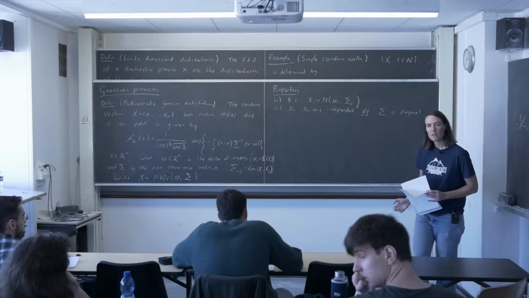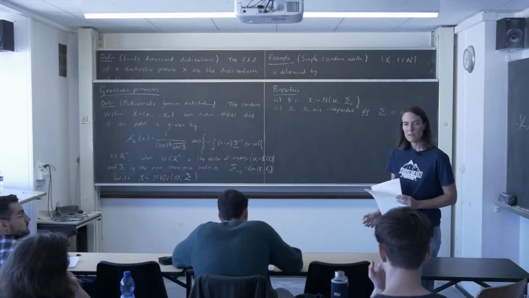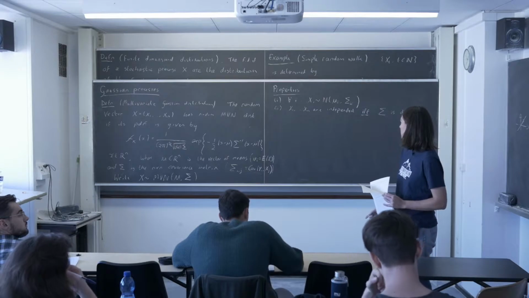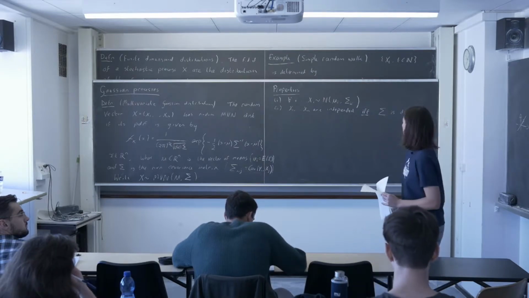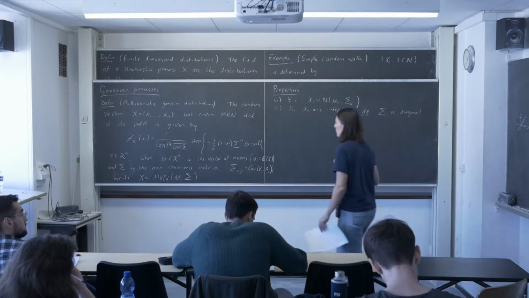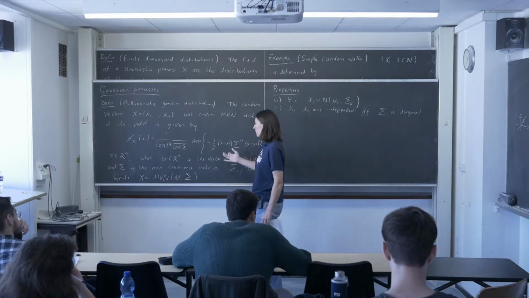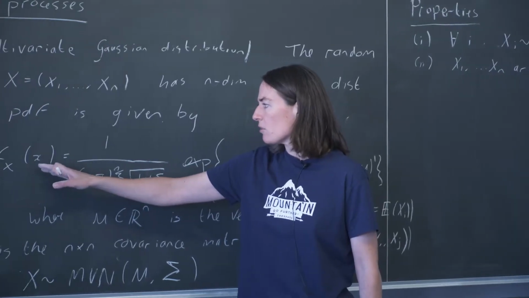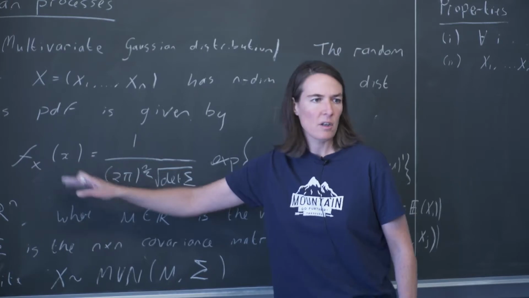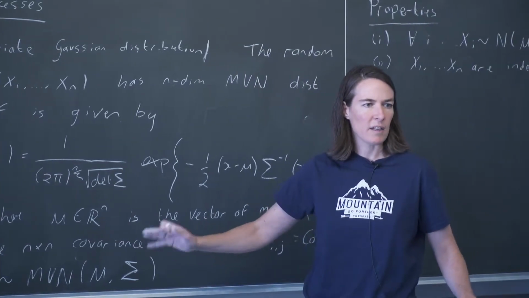Just a quick question: how is the first property compatible with the second, in the sense that if sigma is not diagonal, how can I give a distribution for each xi independently of the other ones? So to find the marginal distribution, I need to ask myself what is the distribution of xi regardless of what all the other random variables are.